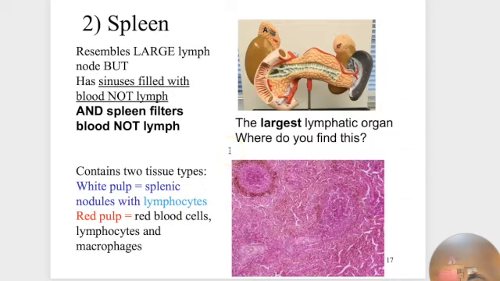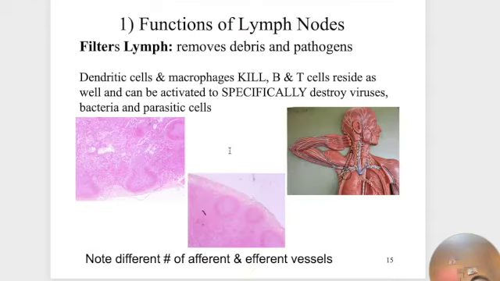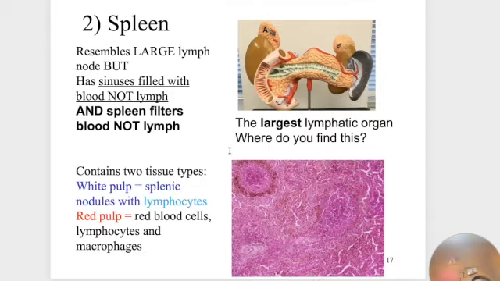So now that we saw that the spleen is a secondary lymphoid organ, in the lab we're going to see this. The spleen is the largest lymphatic organ. It resembles large lymph nodes but has sinuses filled with blood.